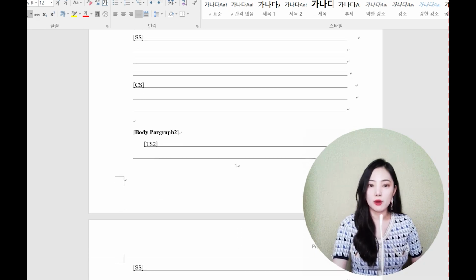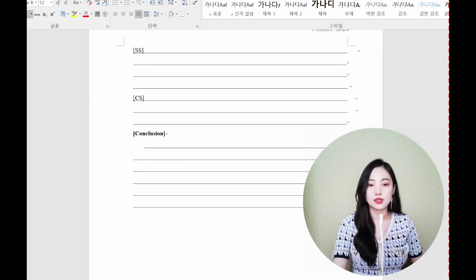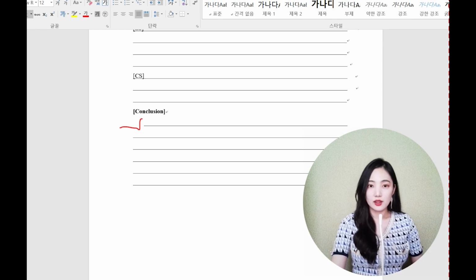Same with your body paragraph 2: TS, SS, CS, and then its conclusion. Here also you press tab, and there is a space. So this is the basic format or template of your essay.